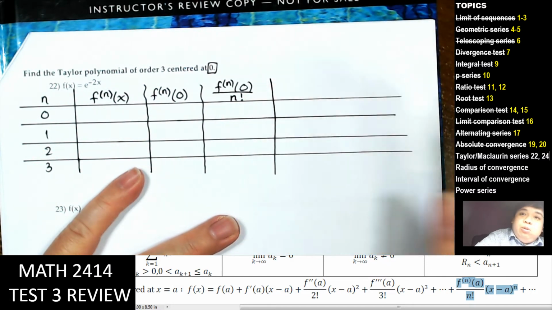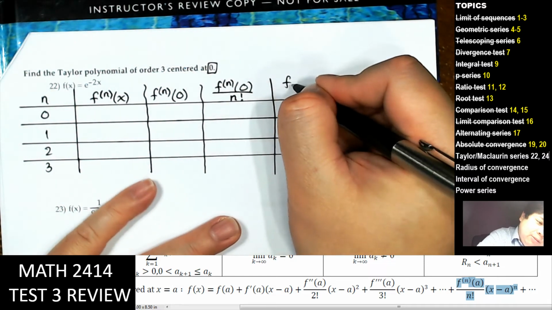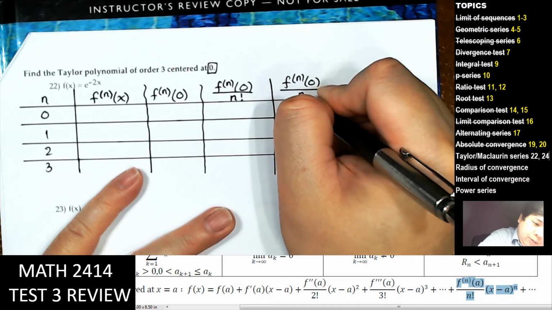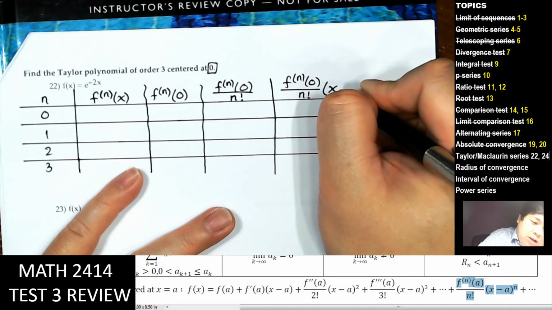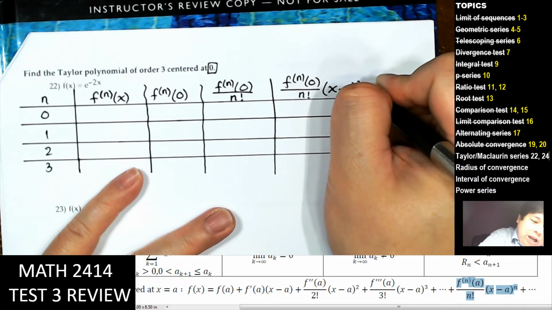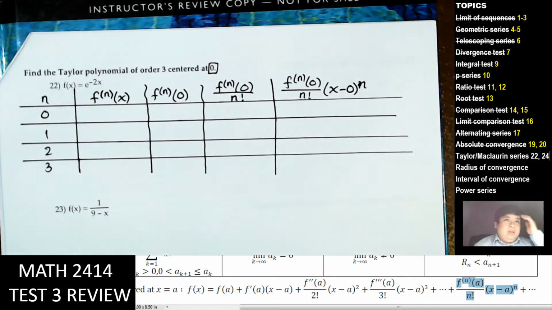And after that, multiply by x minus a, in this case 0, to the n power. So we just have x to the n power.